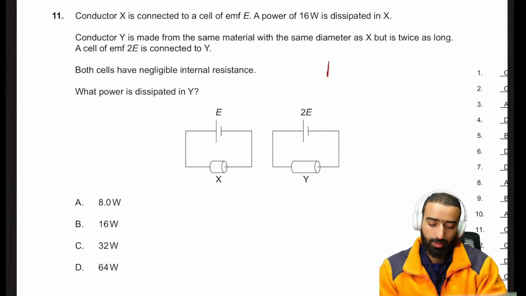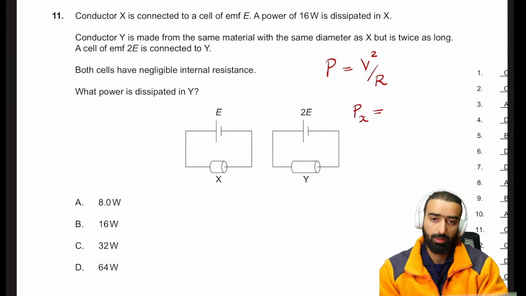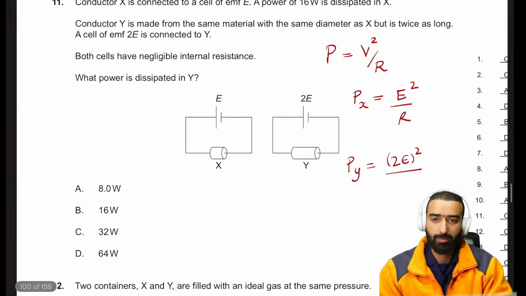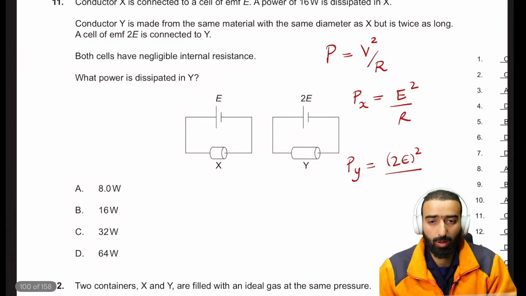So I'm going to use the equation power dissipated equals the voltage V squared over R. If I apply the equation onto X, I get Px equals Vx, that's the EMF, squared over R. If I apply the equation on Y, I get Py equals the EMF squared, which is 2E squared, divided by the resistance. Now, what's the resistance of Y?